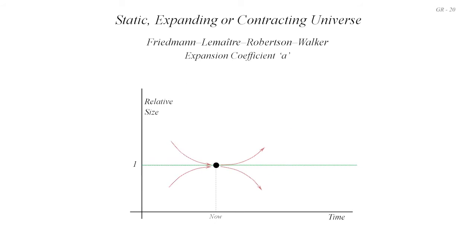When we do have a dynamic universe, which is either expanding or contracting, we will take the time t0 to be when a equals 1, and that is usually taken to be what we might call the now time. Expansion or contraction can take place in the past, when t is less than t0, or it can take place in the future, when t is greater than t0.